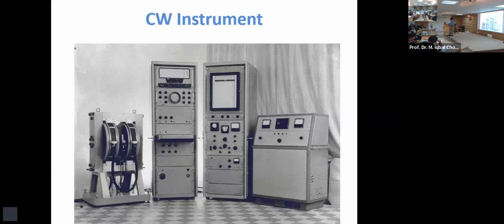And remember, in MRI, the maximum magnetic field which is available is about 4 Tesla. The machines which are available in chemistry are about 23 Tesla.